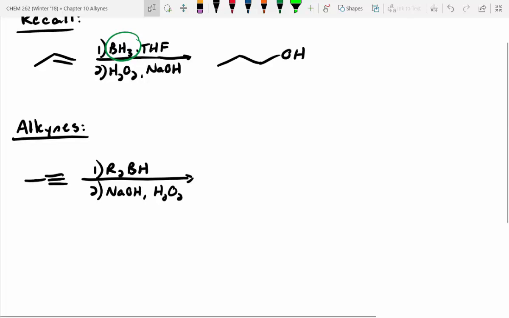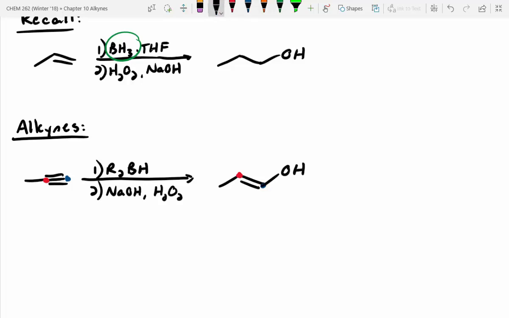Okay, so just like before, if we've got this red carbon and blue carbon, the alcohol should get installed on that blue carbon position. Make sense? So the red carbon will stay here, blue carbon's over here, and our alcohol will come off that blue carbon side. So that's our anti-Markovnikov hydration. If we look at this, though, we know we've got an enol.